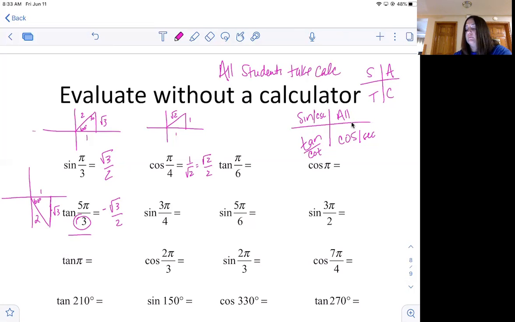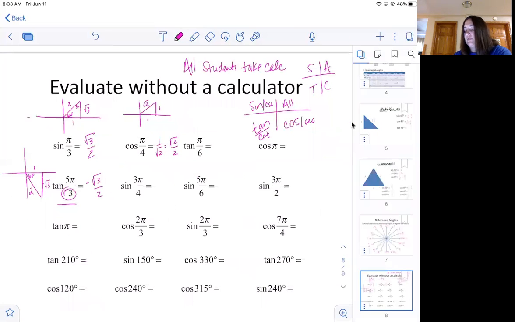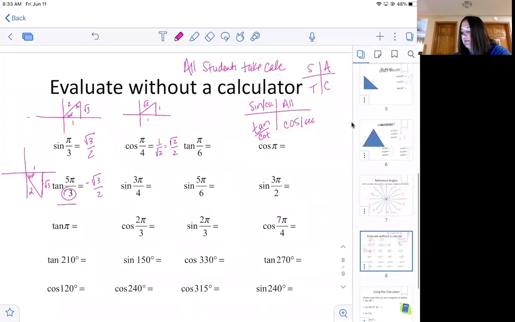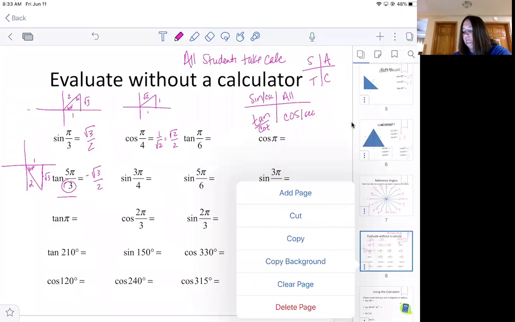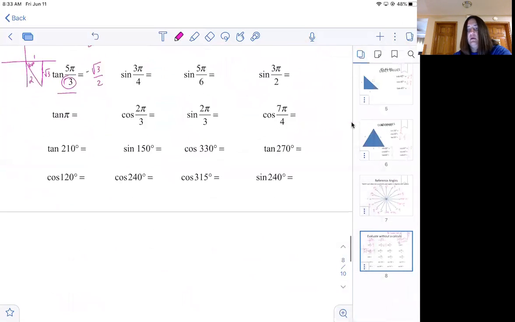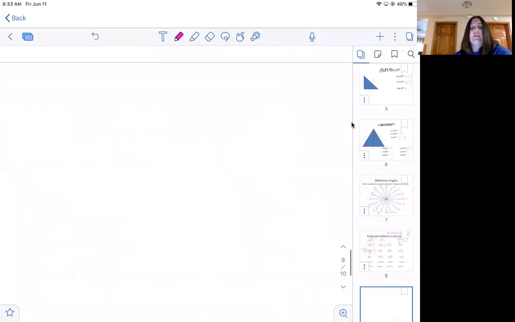One thing also that you might want to do, let's see if I can add a slide here. Another thing that this textbook asks you to do is know what are your odd and even functions.